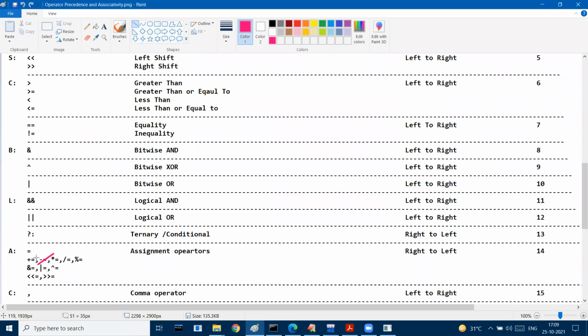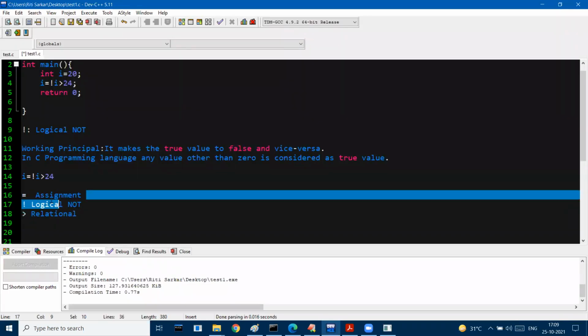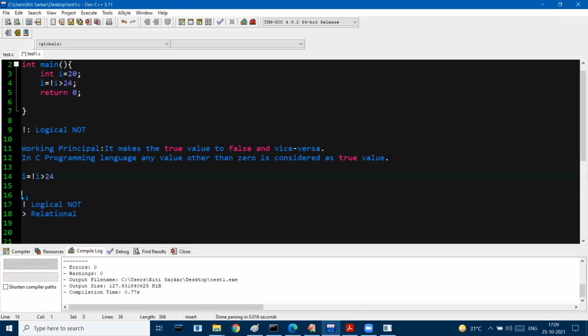So assignment has exactly the second last level of precedence. Among these, this one has the least precedence. Consider it as last.